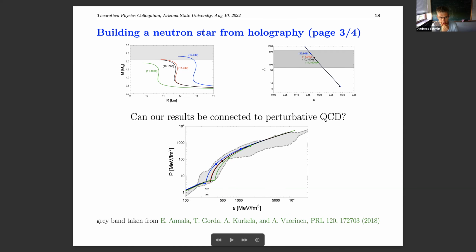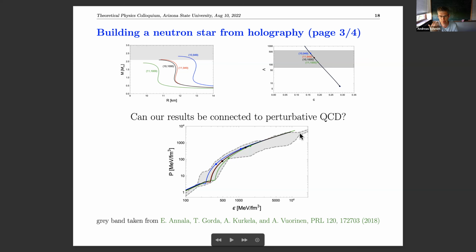So what's the gray band? The gray band is taken from this paper. What they have done is they have connected chiral effective theory models for low density nuclear matter. So we believe that's solid ground, first principles in a sense. That's this little band here, the gray band here, which they stop at some point. And perturbative QCD at very high densities.